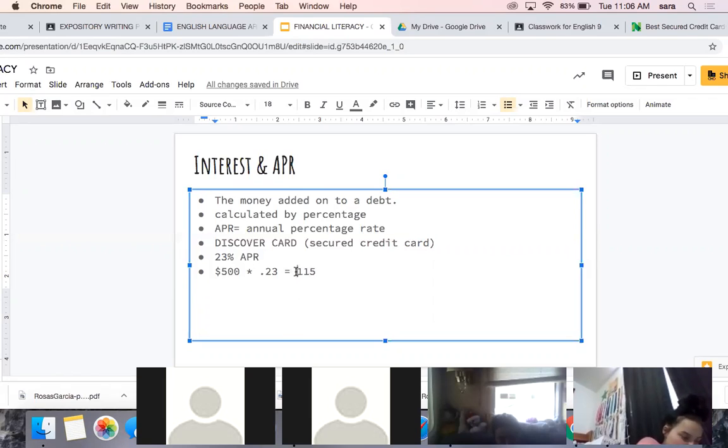So Abby does not owe the bank $500. Abby owes 115 plus 500. Oops. So she owes a grand total of $615.